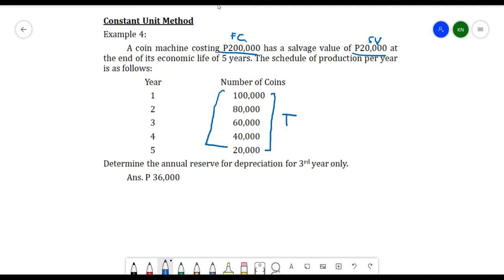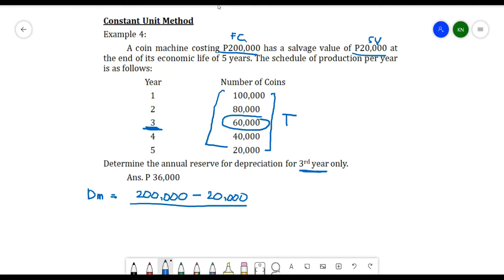Now, it is asking to determine the annual reserve for depreciation for the third year only. So we are looking for the third year, and it produces 60,000 coins. So DM is equivalent to our FC, which is 200,000 pesos, minus our SV, which is 20,000.